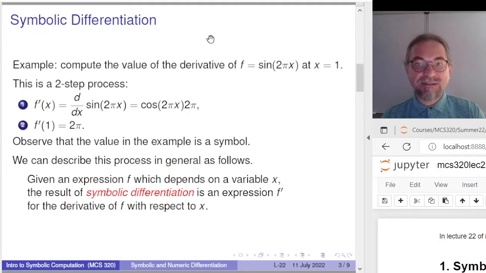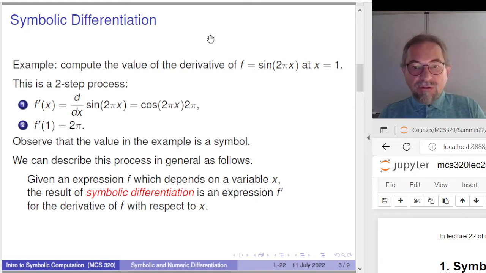In the second step, we take the value and we evaluate the expression for the derivative, here denoted by f prime. Observe here that this is an entirely symbolic calculation. Both steps are symbolic. The result is 2 times pi, and pi is a symbol, so it's an expression.